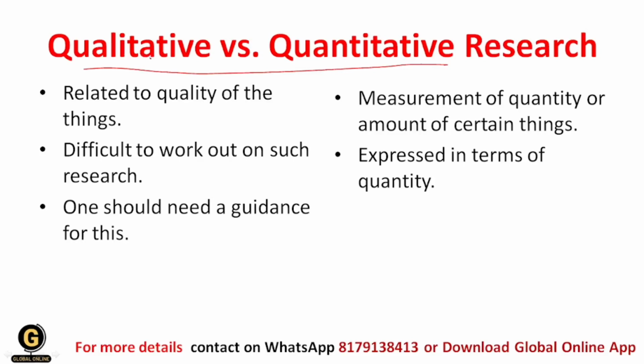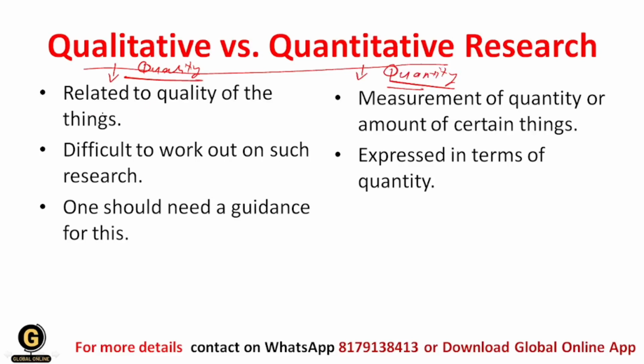If you understood that, then it will be easier for you to understand qualitative and quantitative research. As the name suggests, qualitative means related to the quality of the data available in the research, and quantitative means related to the quantity of the data available in the research.